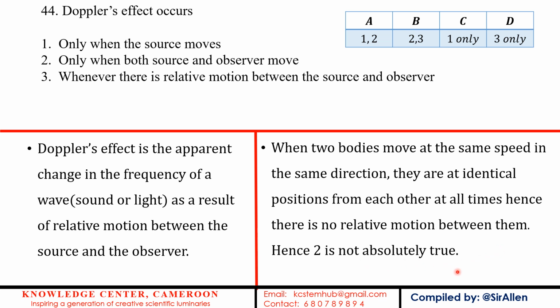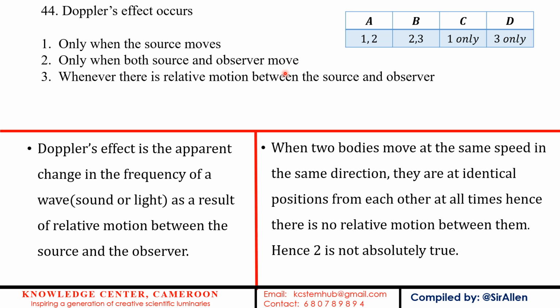All right, so for relative motion to exist between two objects when they're moving, the distance between them, or the displacement vector that describes the distance between them, has to be changing with time. If it's not, then of course there's no relative motion between them. You don't observe Doppler effect there. So statement 2 says only when both source and observer move.